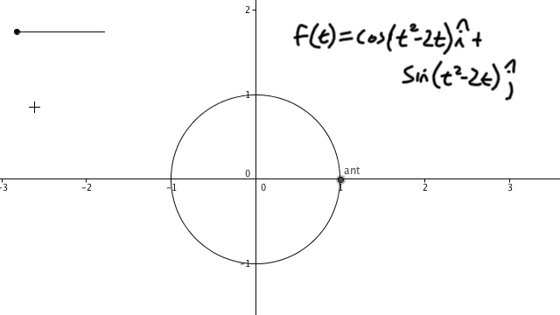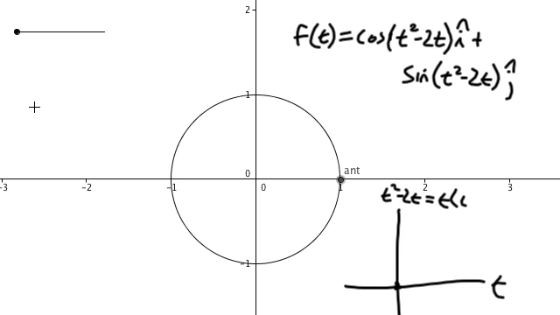What happens now as the point goes around? Well, let's think about it a little bit ahead of time and see if we can predict. So we have t squared minus 2t, so here's t, and then I'm going to graph t squared minus 2t. It starts off at 0. We have a 0 intercept, and if you factor this as t times t minus 2, our second 0 is at 2, and it goes like this, right?